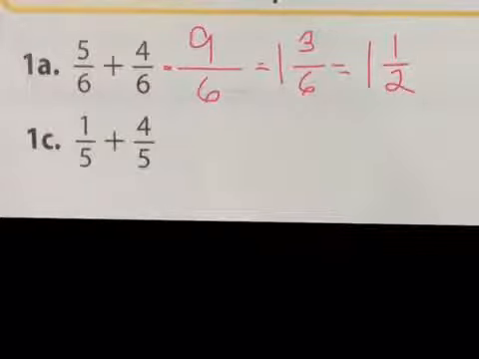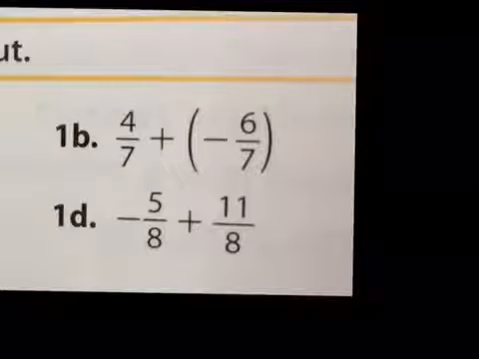Okay, let's jump right to C actually, since it's right here. Same thing. We keep the 5, the denominator, and then we do 1 plus 4 is 5. And that's a whole. 5 over 5 is a whole, right? 5 divided by 5 is 1. And now we have a negative. Now we're working with a negative. Don't panic. It's just the way it was before with our negative and positive rule when we were working with integers.